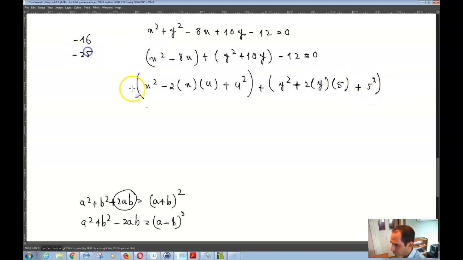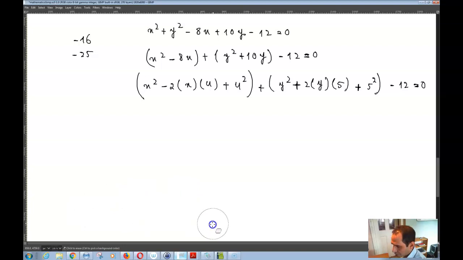So negative 25 minus 12 is equal to 0. And so, of course, I have to write this over here. I have to write negative 12, negative 25, negative 16 is equal to 0. And now we have taken care of everything.